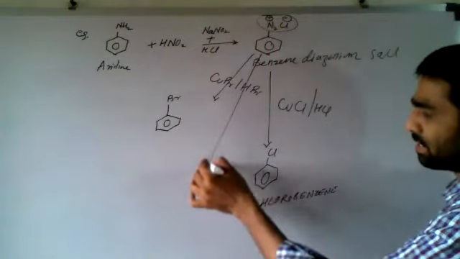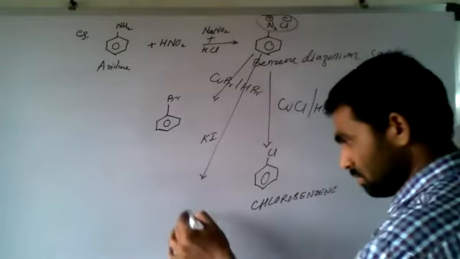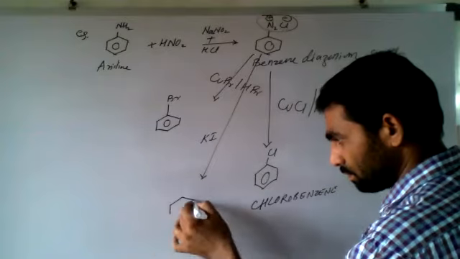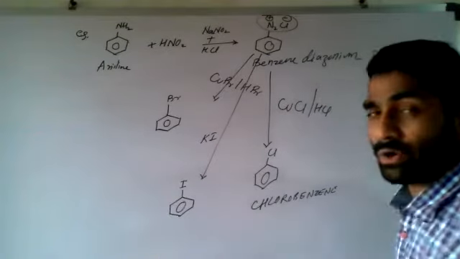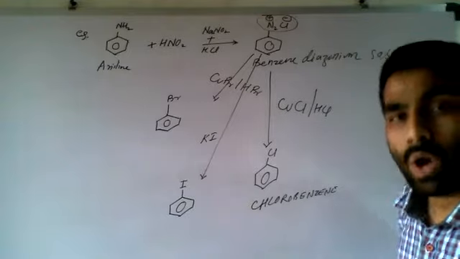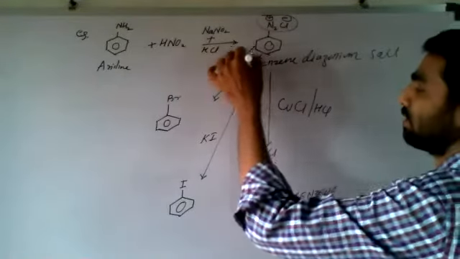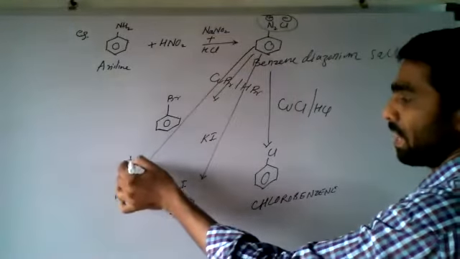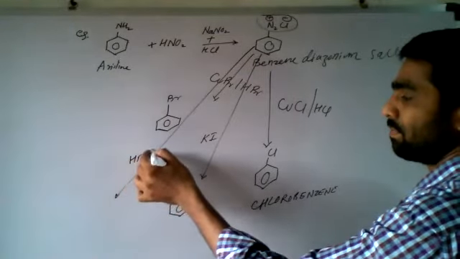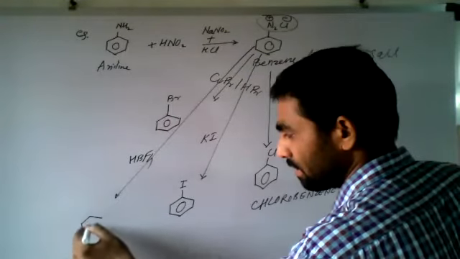And if we add potassium iodide, this will definitely form iodobenzene. What about fluorobenzene? For that we have to add HBF4 followed by heating.